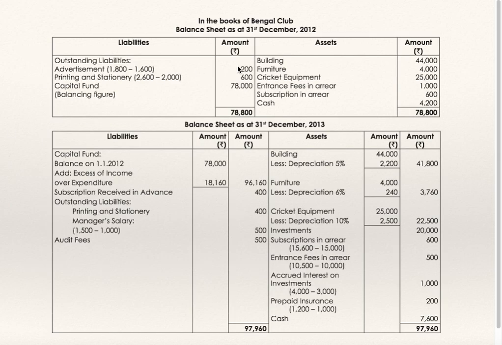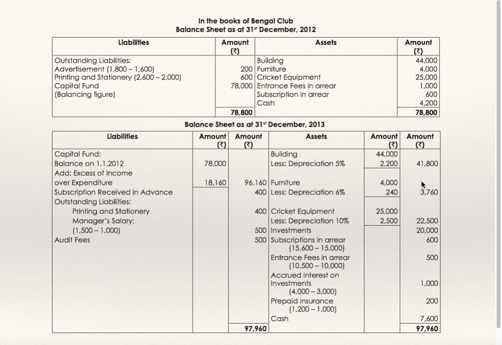I will show you. In the books of club, balance sheet as on 31st December 12: building, furniture, cricket equipment. Balance sheet as on 31st December 13: building less depreciation 5%, furniture less depreciation 6%, cricket equipment less depreciation 10%, as given in the adjustment.